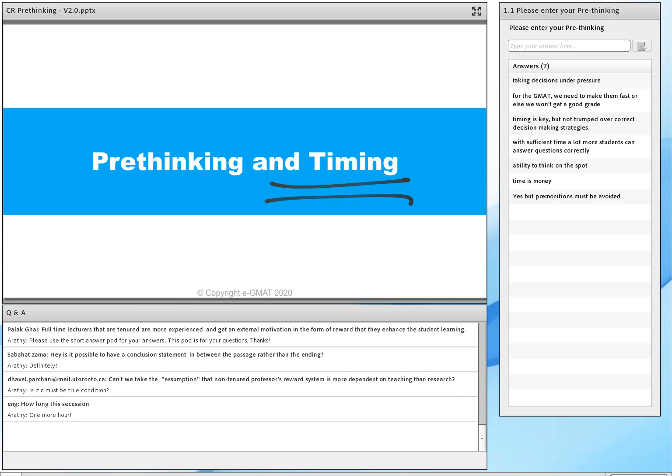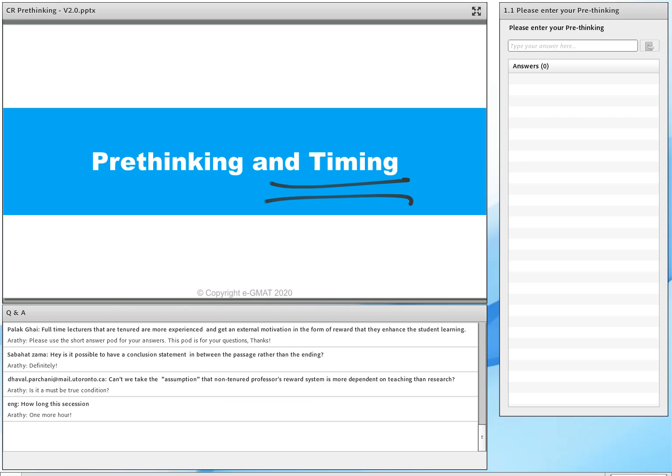So here's something that I will tell you, and I will tell you by putting some context on it. When it comes to verbal, as a company, and you go to GMAT Club's reviews, you're going to find that e-GMAT delivered 80% of the reviews. There are 11 partners there. One company delivered 80% of all the verbal related reviews.